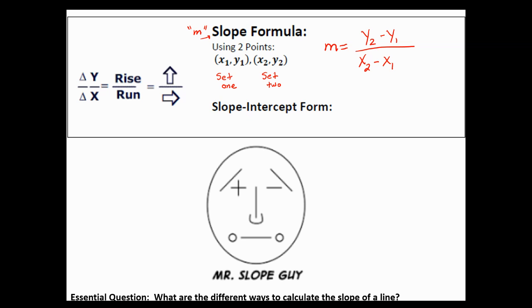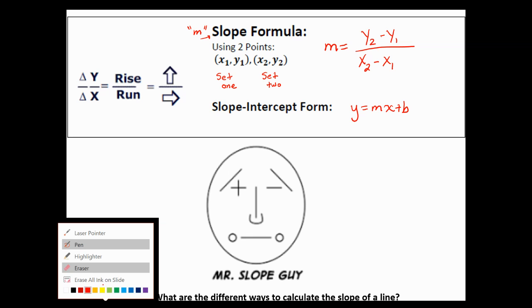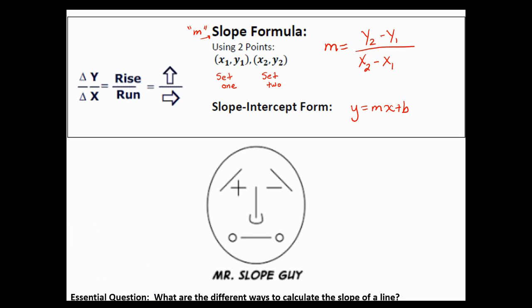Okay, and slope-intercept form stands for y equals mx plus b. That's the standard way that we're writing our equations in this section. So m represents the slope of the line, and b represents the y-intercept of the line. And the y-intercept is where the line crosses the y-axis.